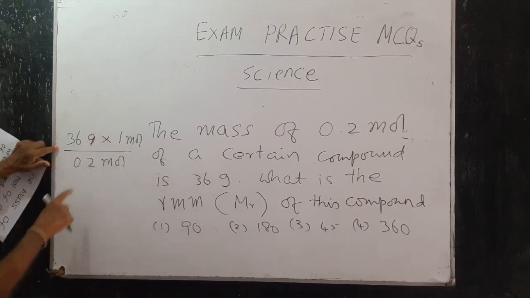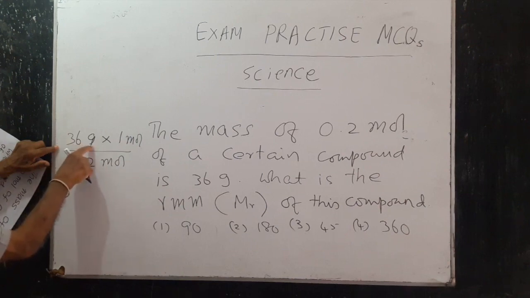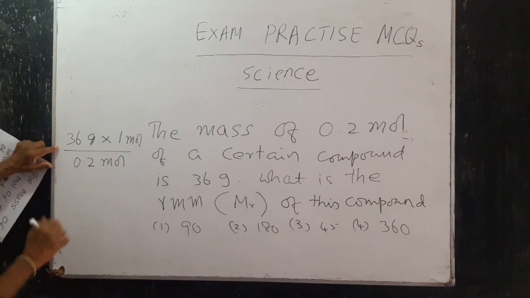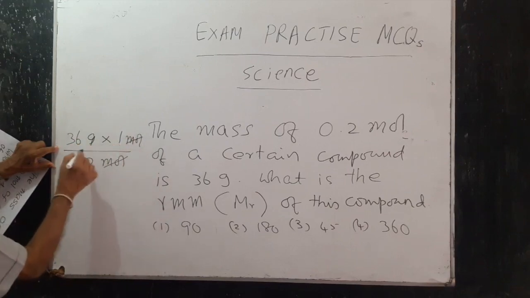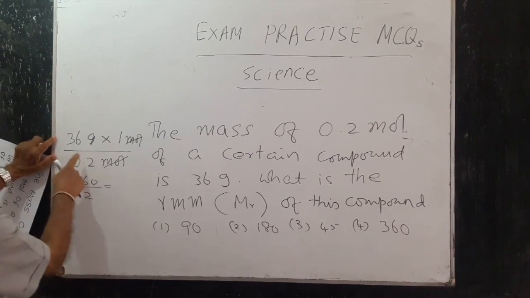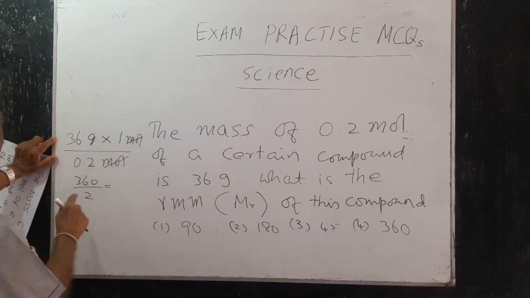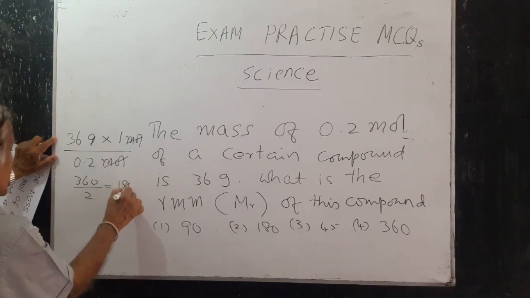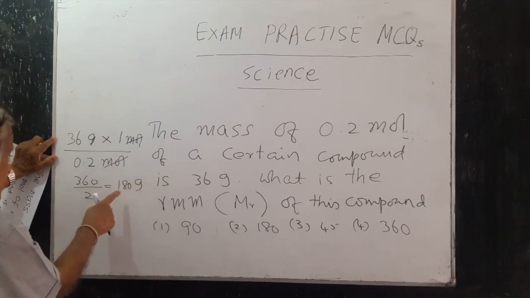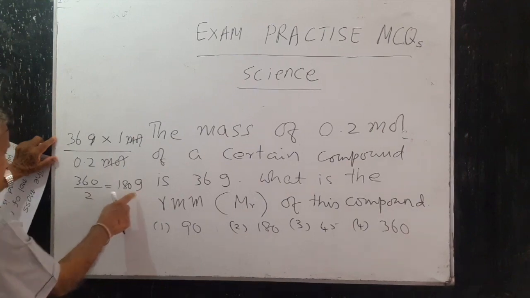Mass of 0.2 moles is 36 grams. Therefore, mass of 1 mole of that compound, when you simplify this, you will get 36 divided by 0.2. Now, mass of 1 mole of this compound is 180 grams.